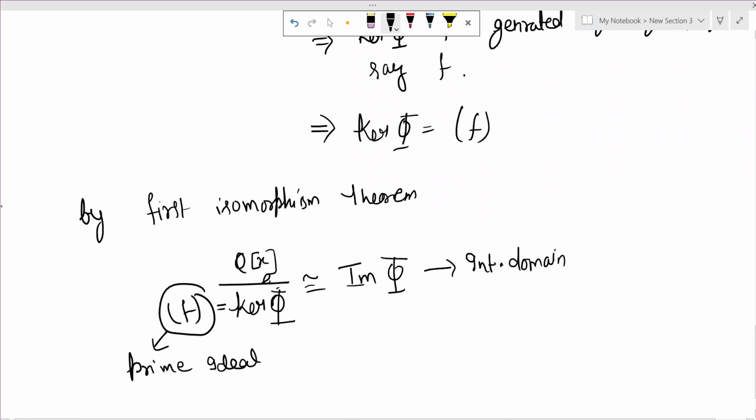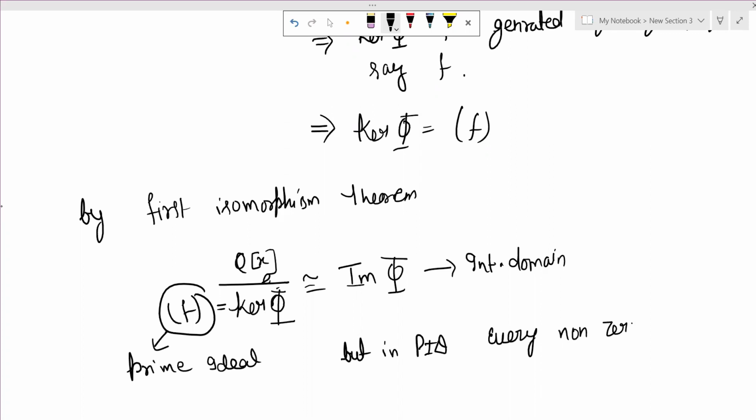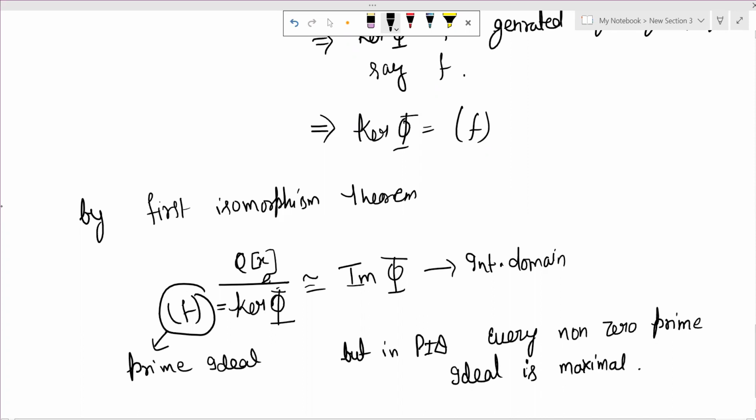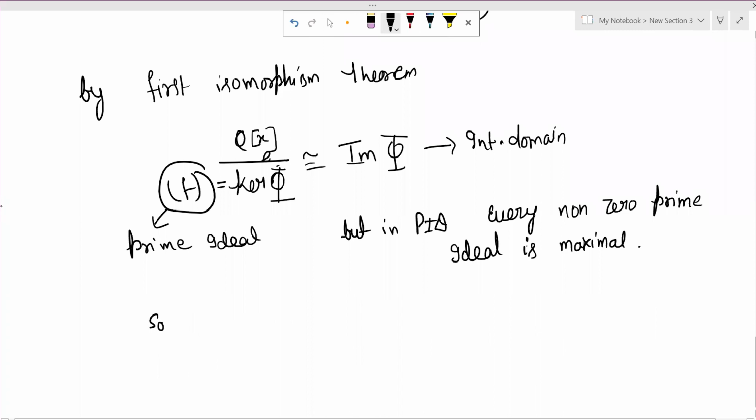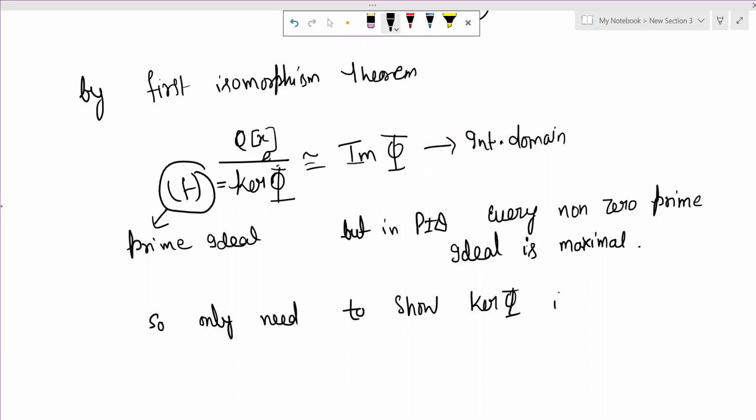But in a PID, every non-zero prime ideal is maximal. So we only need to show the kernel of phi is non-zero.